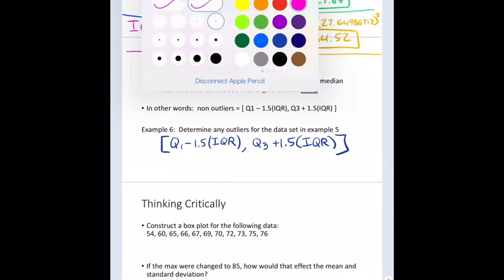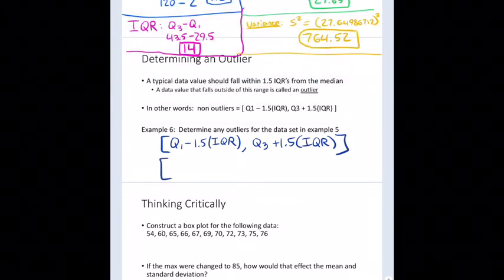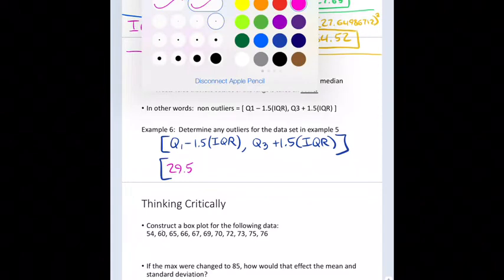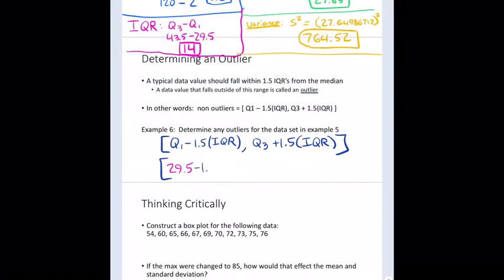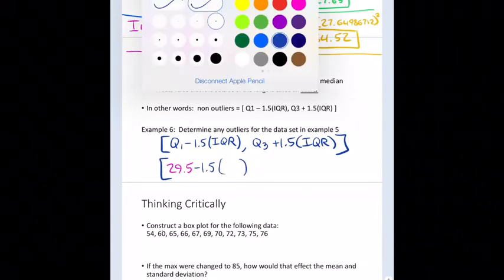Our Q1 is 29.5 minus 1.5 times our IQR. Our IQR from up there was 14.